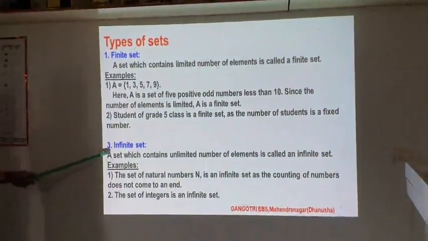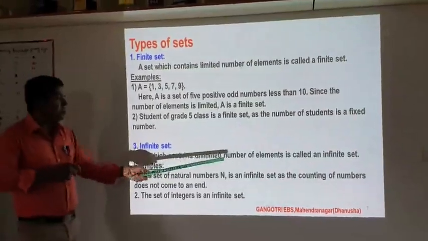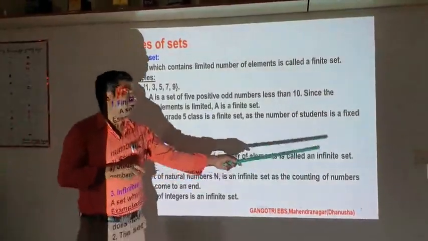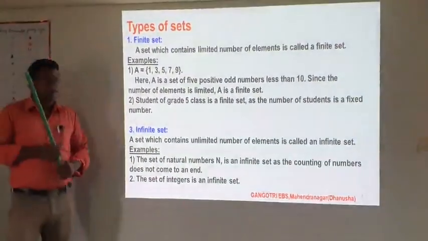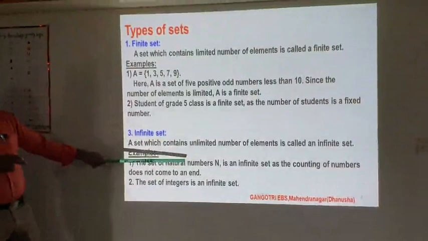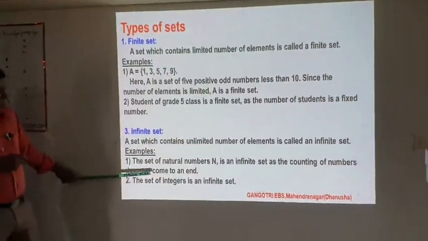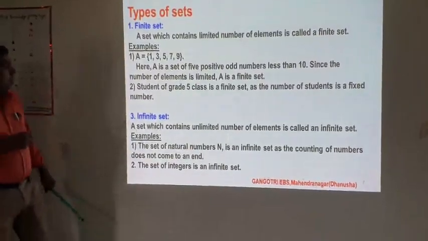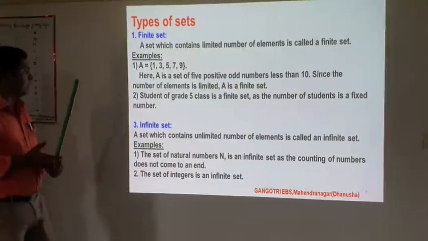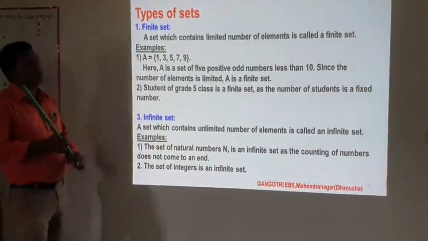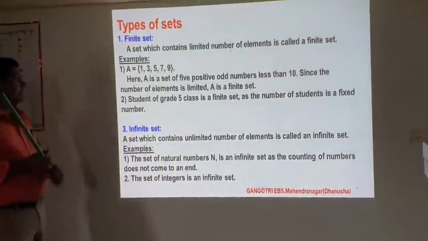Now we discuss the infinite set. A set which contains an unlimited number of elements is called an infinite set. For example, the set of natural numbers is an infinite set; counting never comes to an end. The set of natural numbers does not end at any element, so it is an infinite set.